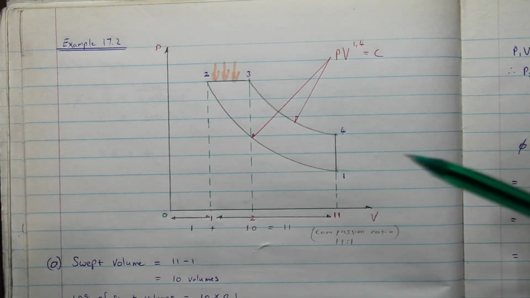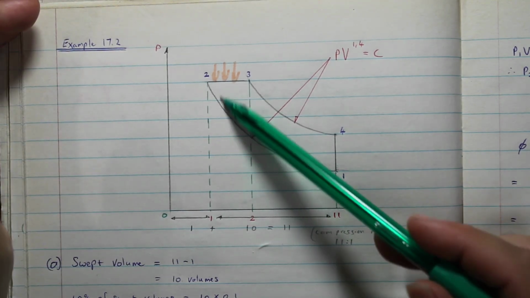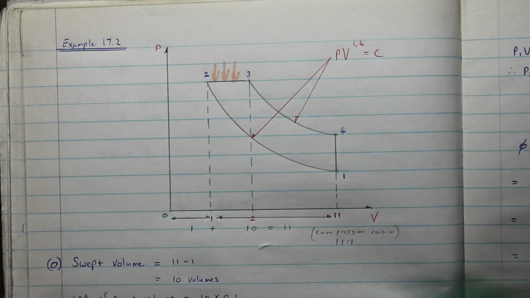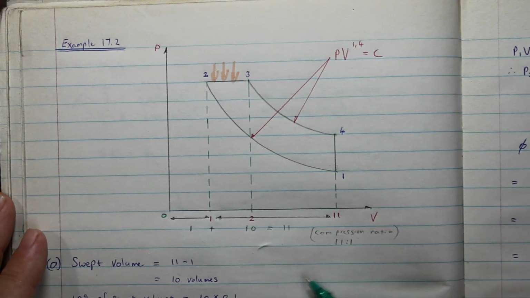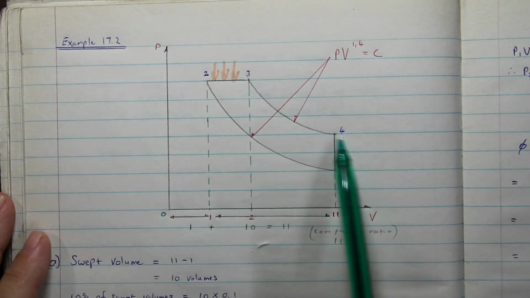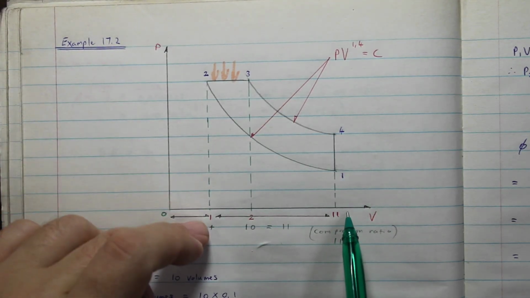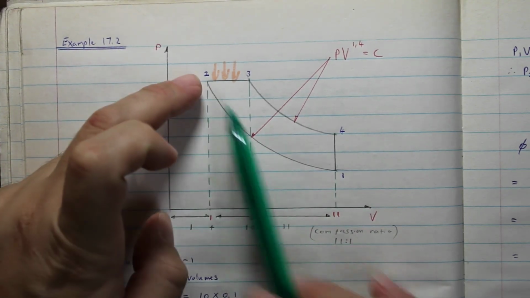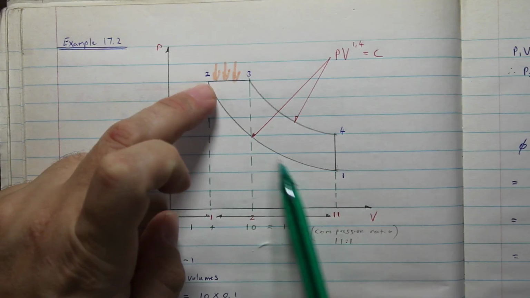Okay, and where's work in? It's the compression, from point 1 to point 2. So basically we have to say from point 2 to point 3 to point 4, that whole area minus the area from point 1 to point 2. So it's this area here.